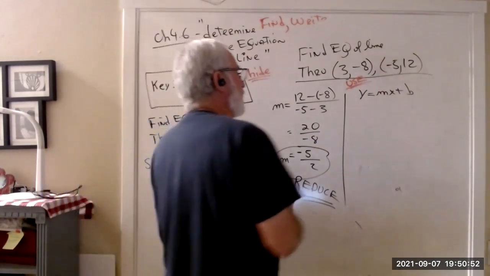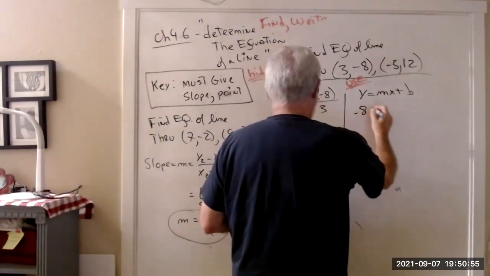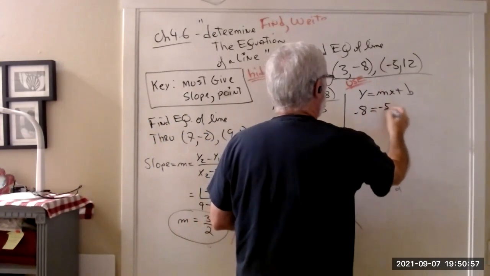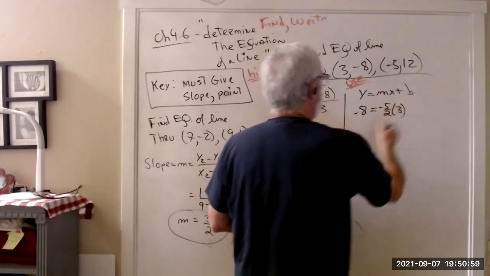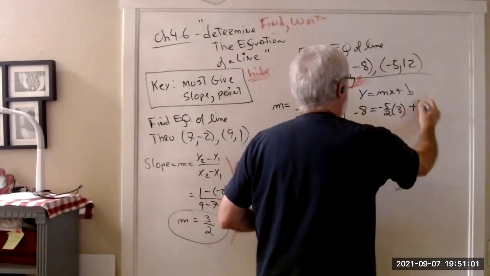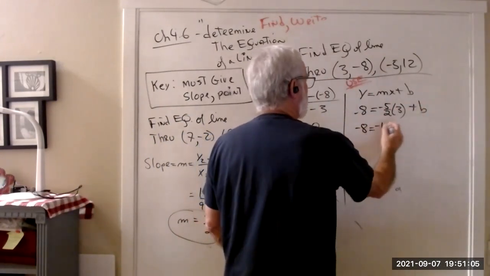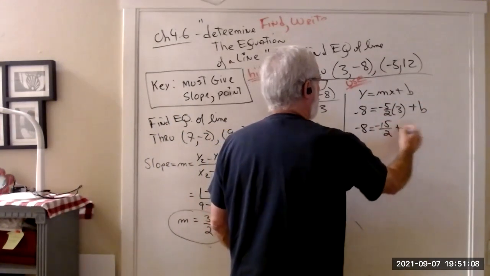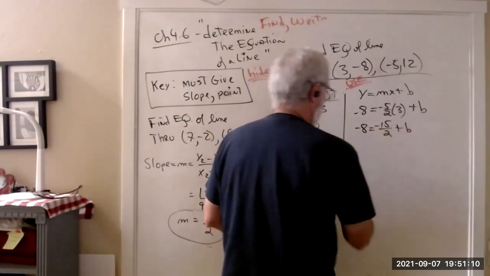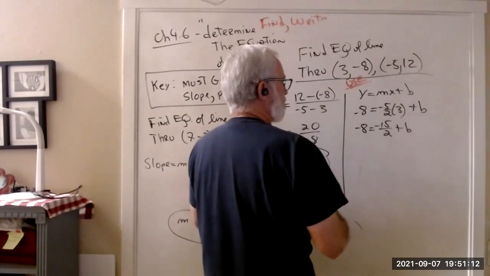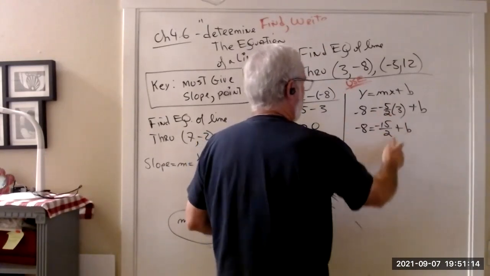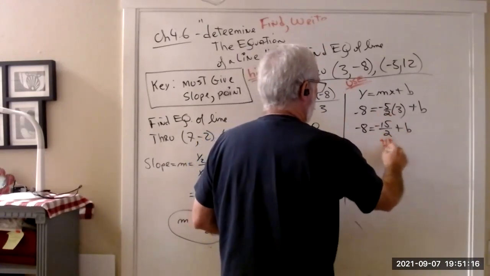So I plug everybody in. I get -8 equals -5/2 times 3 plus b. So -8 equals -15/2 plus b. 3 times 5, 15. Add 15/2.